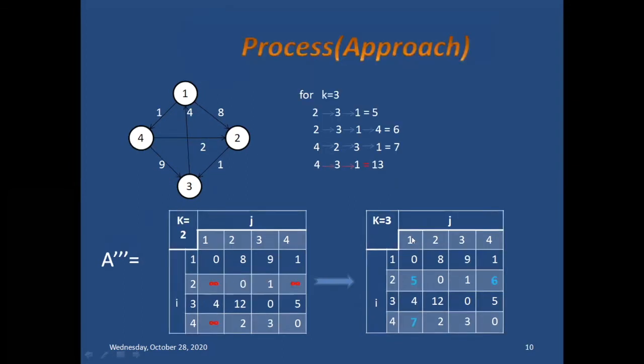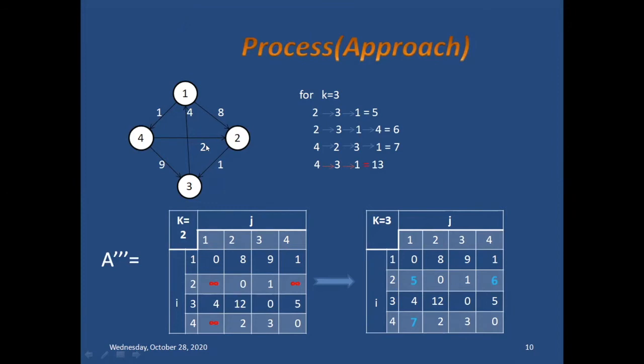Similarly, when k equals 3, we can go through vertices 1, 2, 3. So we can go from 2 to 3 to 1 by cost 5, and we can go from 2 to 3 to 1 to 4 by cost 3, and we can go from 4 to 2 to 3 to 1 by cost 7, and we can go from 4 to 3 to 1 by cost 13.